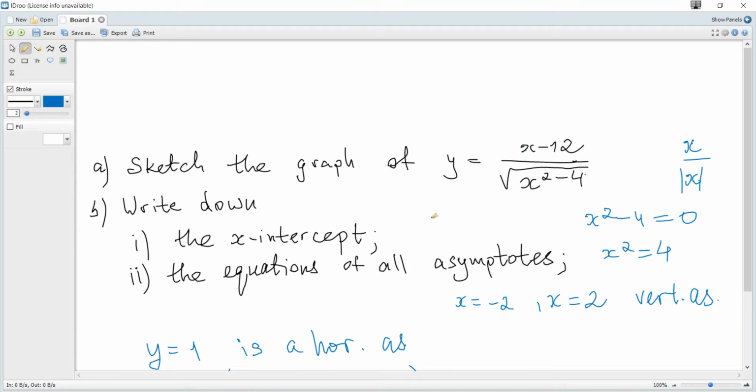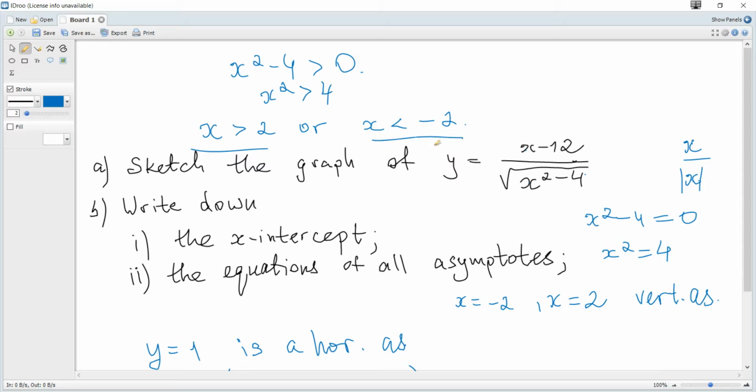But since it's a denominator, x squared minus 4 must be greater than 0. So x squared must be greater than 4. So x is greater than 2 or less than -2. So we will sketch a graph, or this curve exists only for these values of x. And you can see that the y-axis is in between, where this graph doesn't exist at all, so there is no y-intercept.